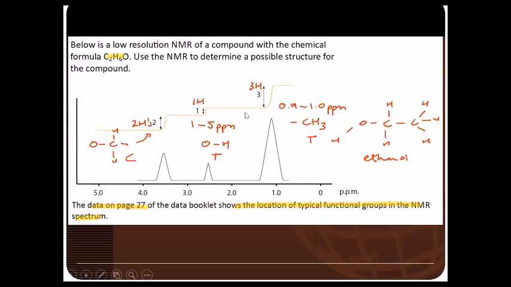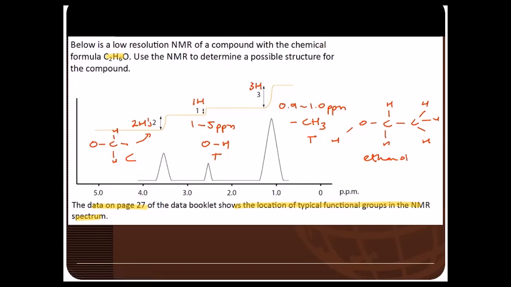Now the alcohols are a little bit tricky here, because on table 27 of your IB data booklet, for an alcohol, it's somewhere between 1 to 5 ppm. That's a very wide range, because there could be other peaks in between. The main thing is that it only integrates for 1 hydrogen, so this is most likely an OH group over here.